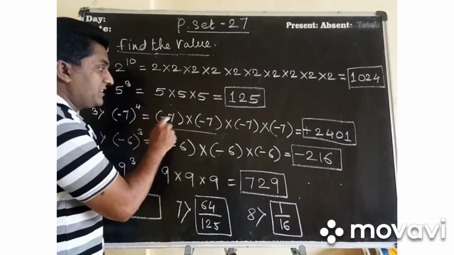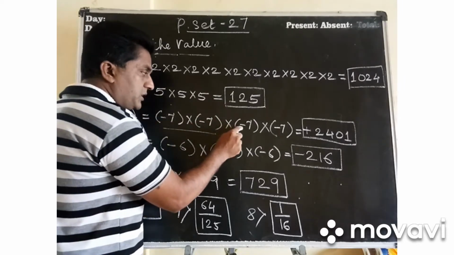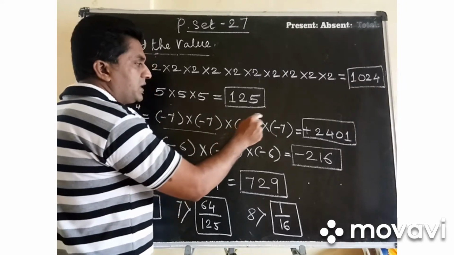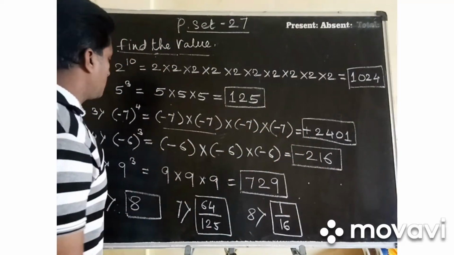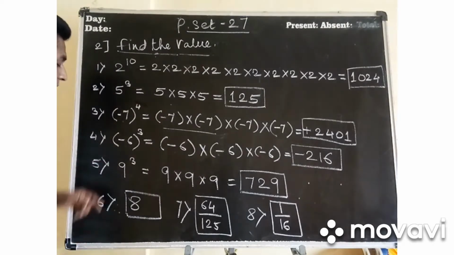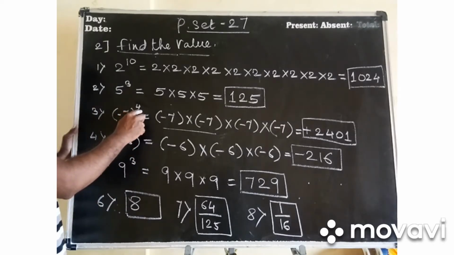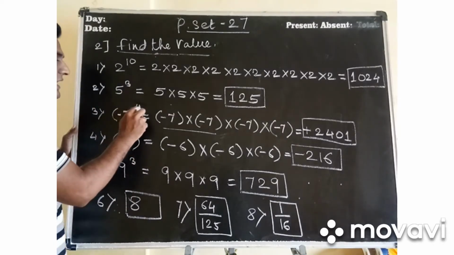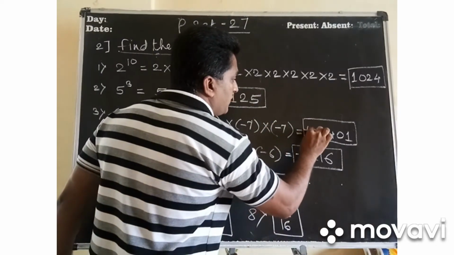But negative multiplied by negative is positive, and positive multiplied by negative is negative, and negative multiplied by positive is negative. So the answer is positive 2401. Always remember, when the base is negative and the index is an even number, then in the answer you compulsorily have to give a plus sign.